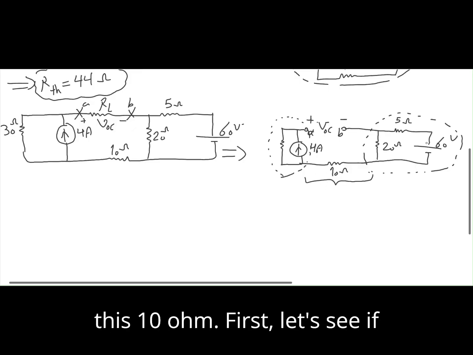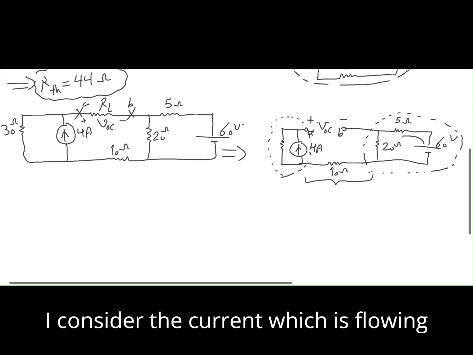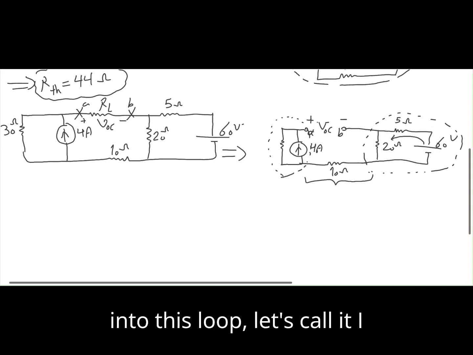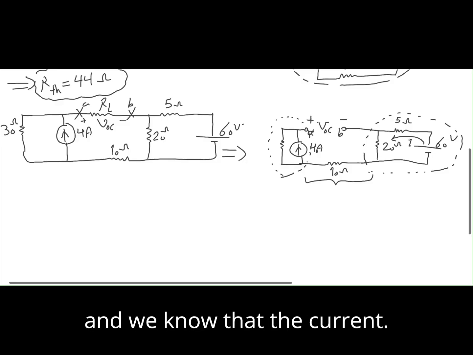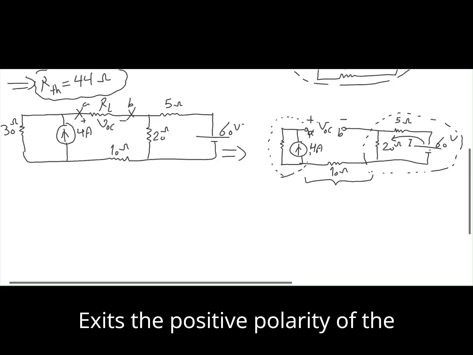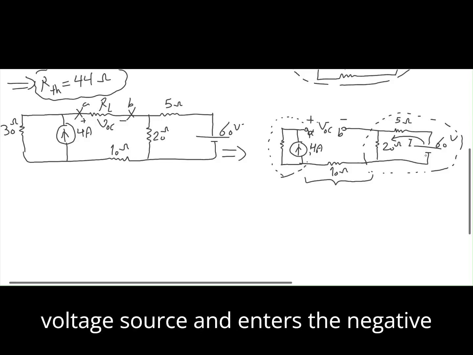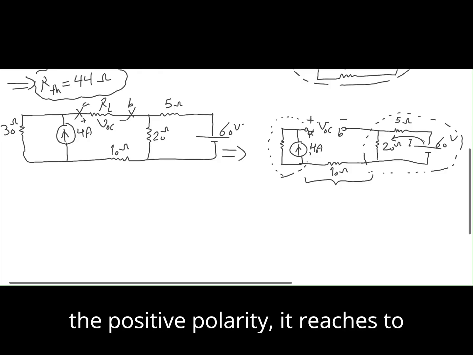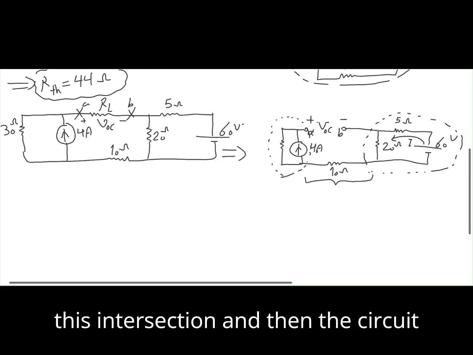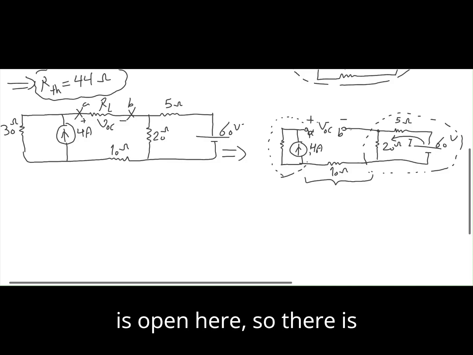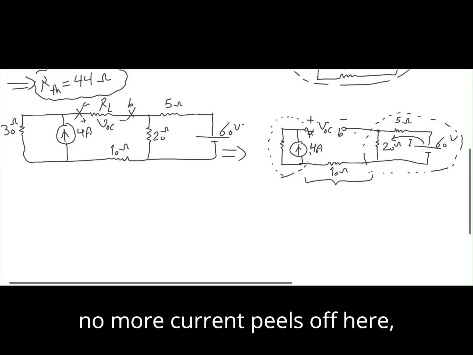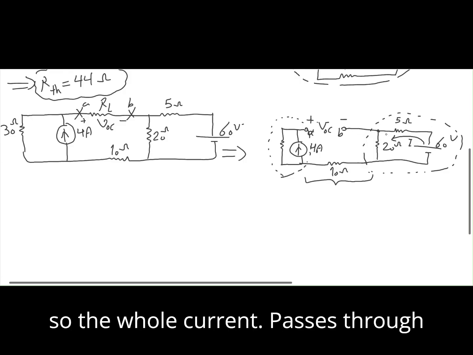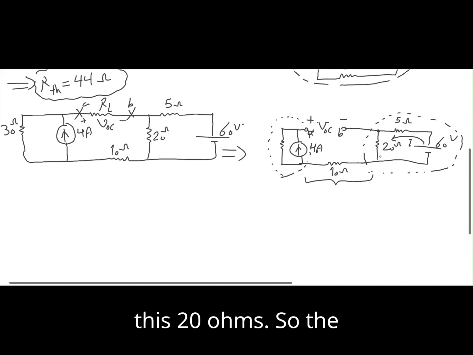Let's see. If I consider the current which is flowing into this loop, let's call it I, we know that the current exits the positive polarity of the voltage source and enters the negative polarity. So if this current exits the positive polarity, it reaches this intersection, and then the circuit is open here. So there is no more current peeling off here. So the whole current passes through this 20 ohms.